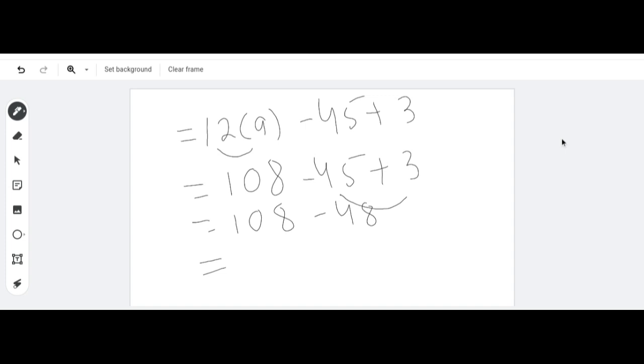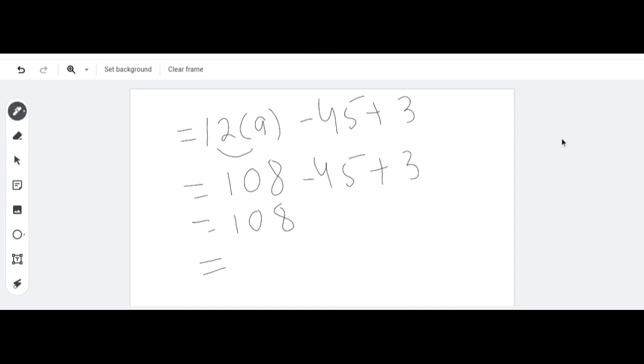Wait a minute. I think 45 plus 3 becomes 48, but the answer is 66. If I solve 108 first, then the answer will be 63. No, I have to solve the addition first.